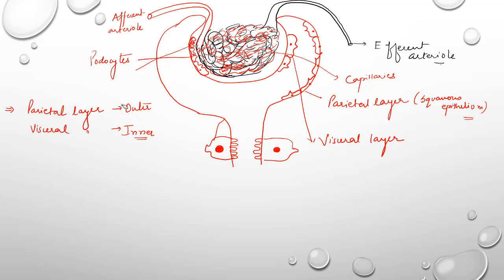The parietal layer consists of squamous cells, and the visceral layer surrounds the glomerulus and is composed of a special type of cells, podocytes. Visceral layer: podocytes, and parietal layer: squamous cells. Understood?